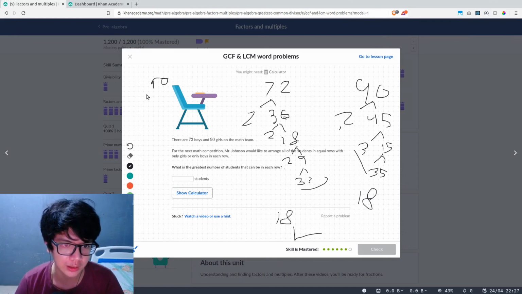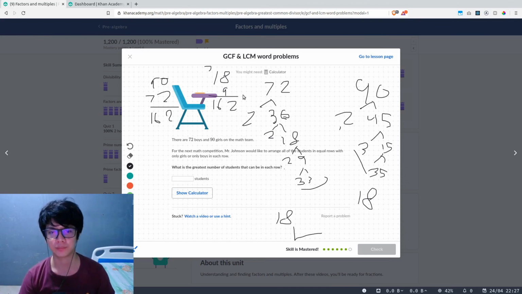Okay, so let's say 90 plus 72, it's going to be 162. 162 divided by 18. So let's see. I think it's going to be 9. What's the greatest number of students that can be in each row?